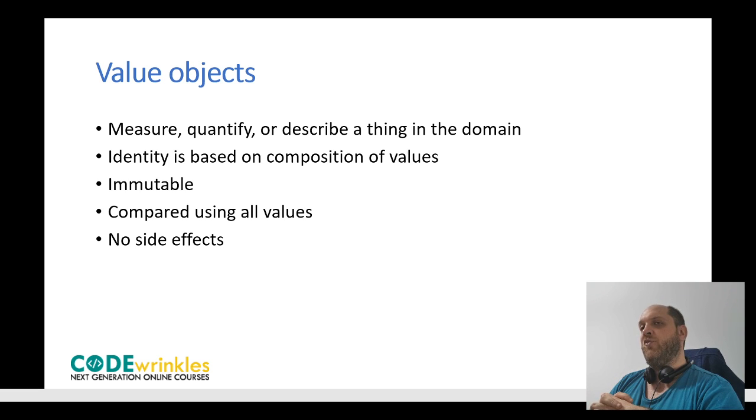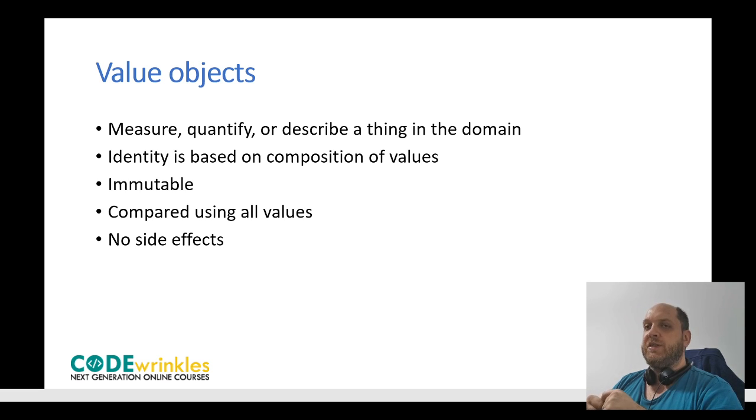But again, this depends on the business rules. Unless we have a concrete business rule that defines exactly what equality means for two value objects, then by design we would compare all the properties, and only if all the properties match do we have two equal value objects.